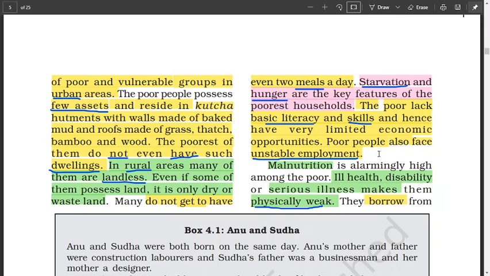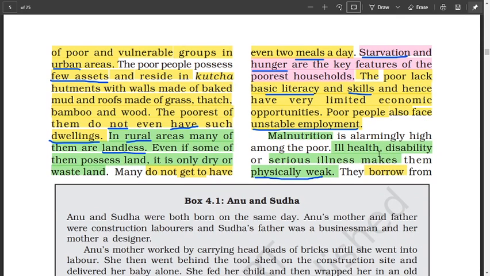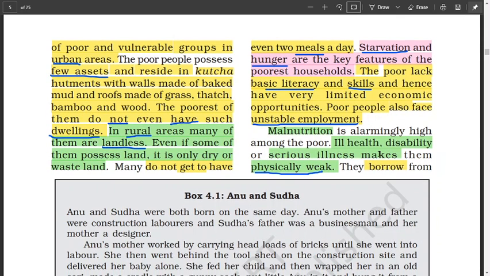Sometimes they have a job, sometimes no one employs them. That's the challenge that they're facing. So you'll find among children, especially malnutrition, among women, there is ill health, disability, or serious illness. And if you look at them, you can see they are weak physically. Those are the attributes of being in that situation.